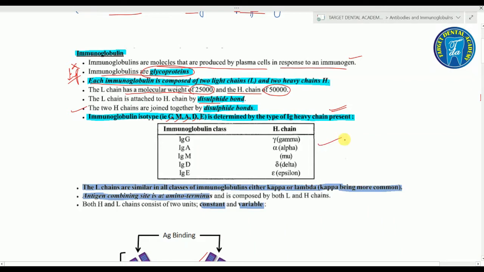These are very important classes. In the immunoglobulin class IgG, the heavy chain is gamma; IgA has alpha, IgM mu, IgD delta and IgE epsilon. Fine.